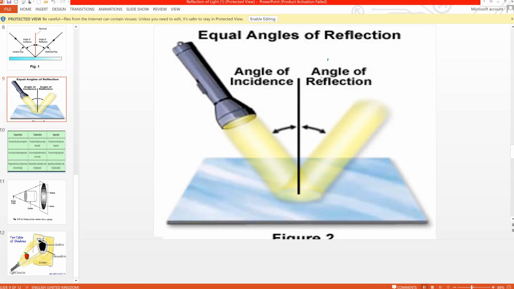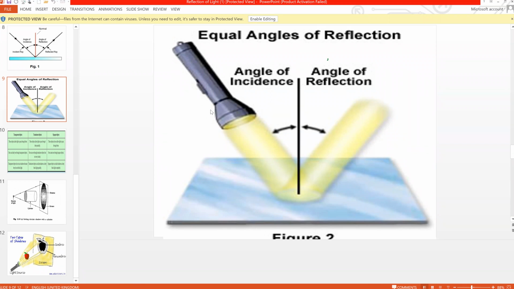So when I'm switching on the torch, or passing the light source, here this torch, can you see the mouse cursor which I'm showing? Yes, miss. So whatever light rays are coming from this light source are called incident rays.